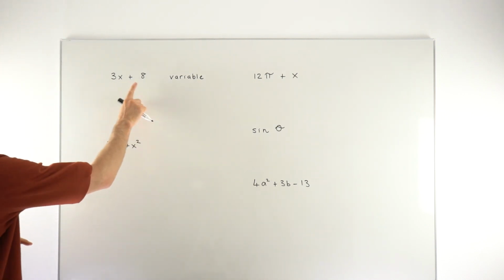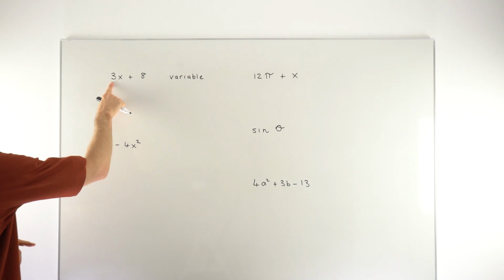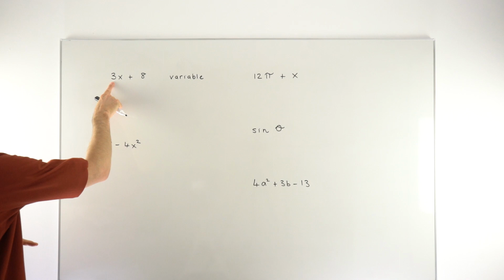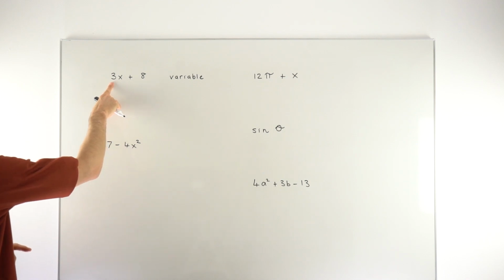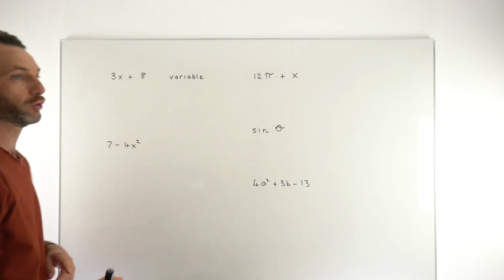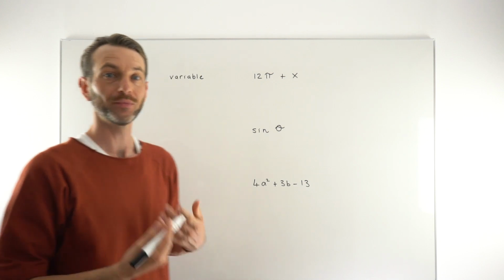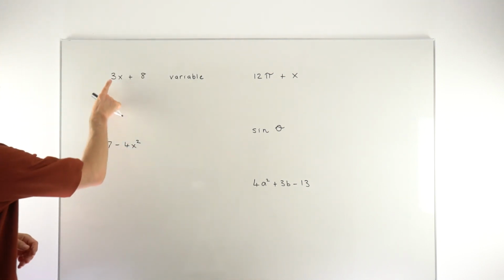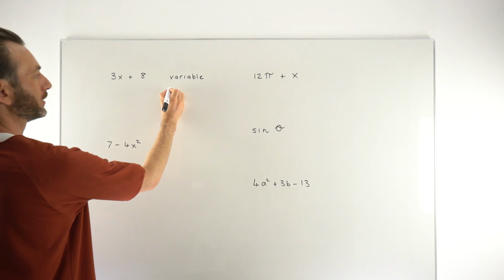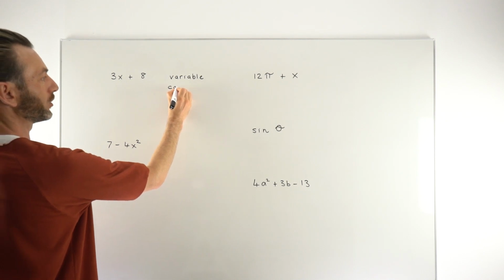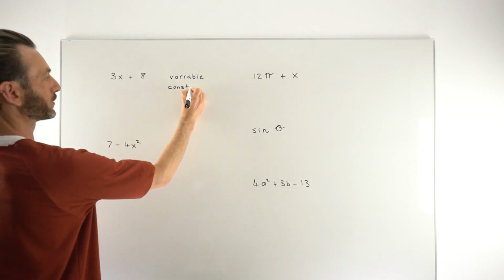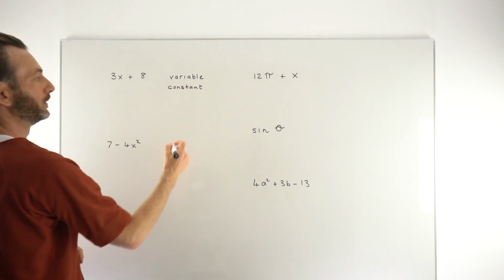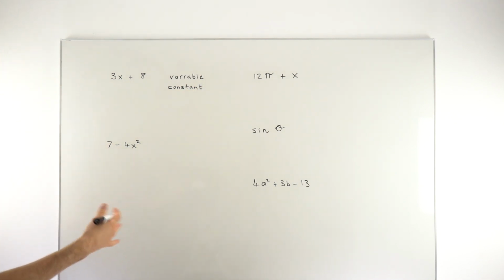Okay, so that's the first term. The number that goes in front of a variable is not a variable itself, because 3 will never change regardless of what x value you put into this algebraic expression. The 3 itself will never change. The 3 therefore is described as being constant. Sometimes it is referred to as the constant or a constant.